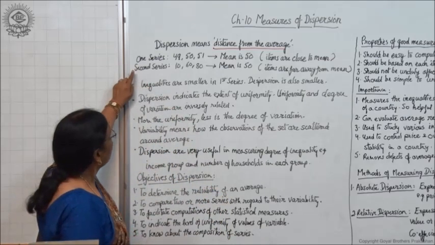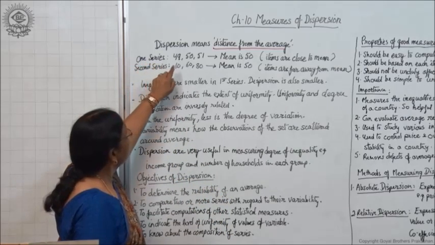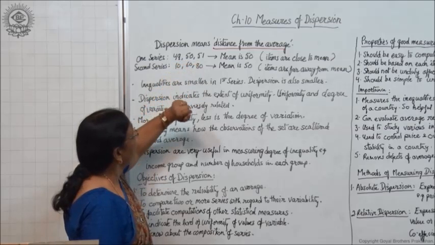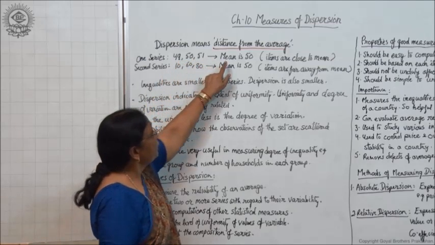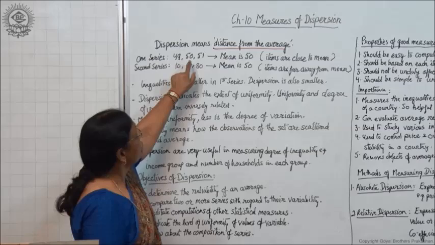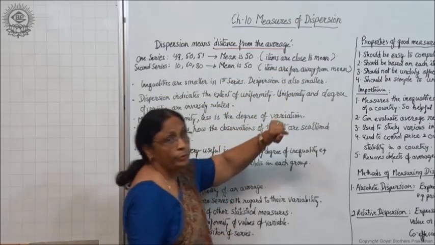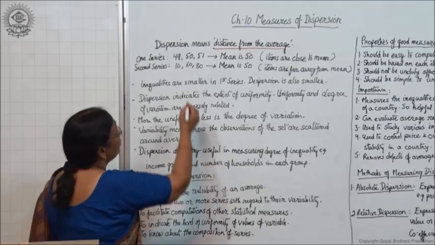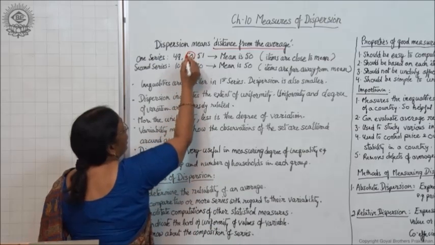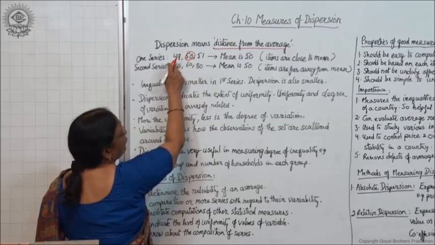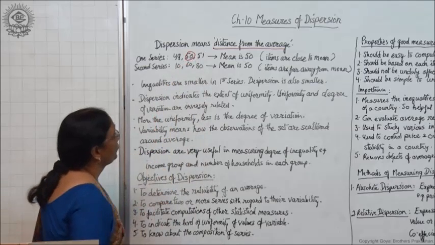Now for example, if one series is 49, 50 and 51, in this case mean is 50, average of these three figures is 50, and here items are close to mean. 50 is the mean here and items are very close to it, one is 49 and one is 51.